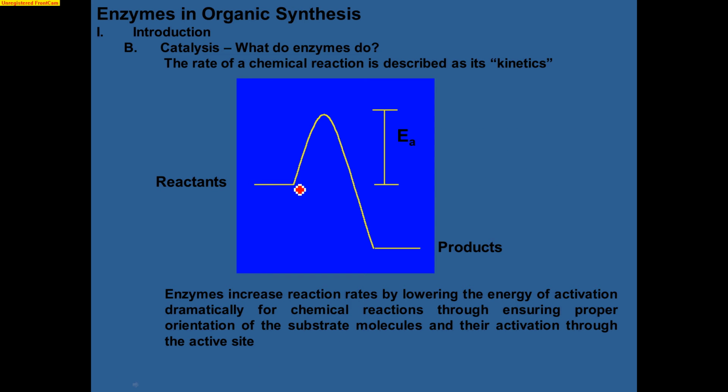It's not going to do anything in terms of changing the overall energy of either the starting material or the products, but what it really is going to do is lower that activation energy for the reaction, and it's going to make it happen much faster.